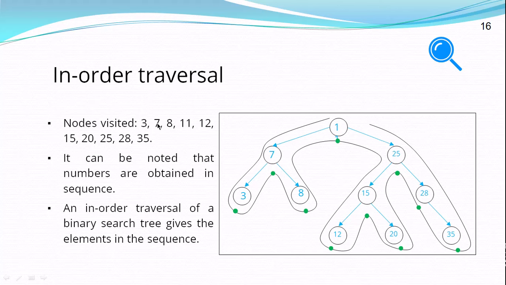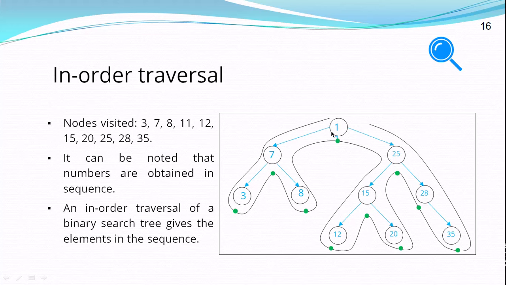Print it out, you get 7. And then you explored the right-hand subtree, no left or right branches, and output the value 8. Then you go back up to the original root, print the value out, and you get 11 here.